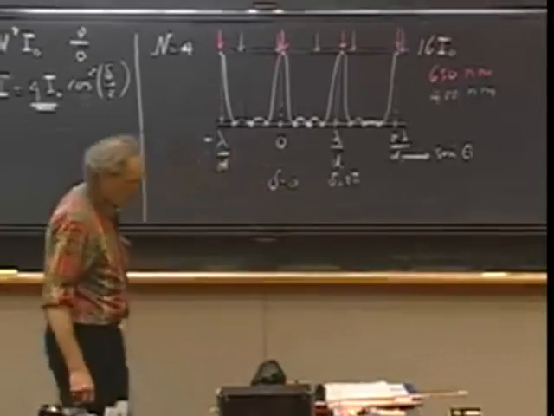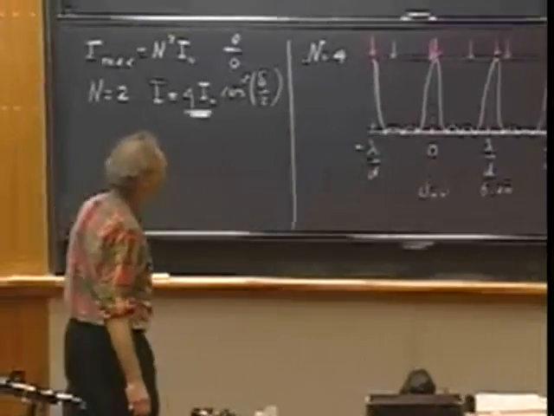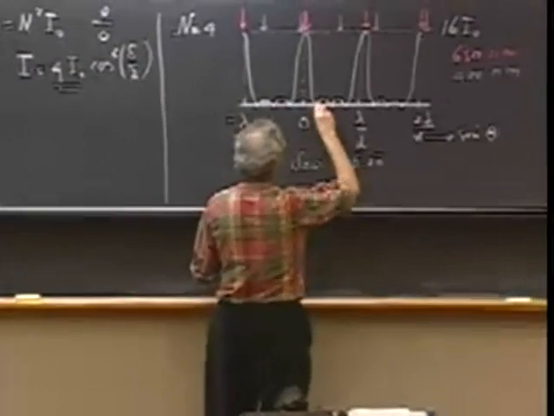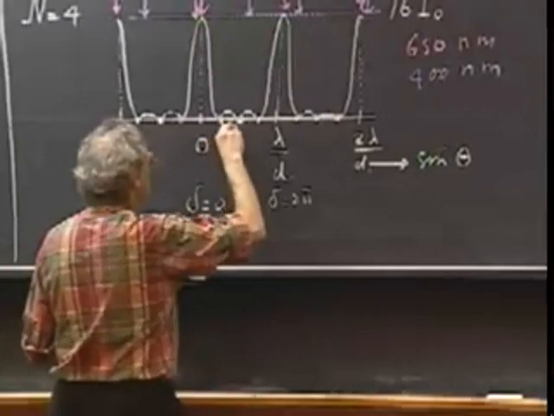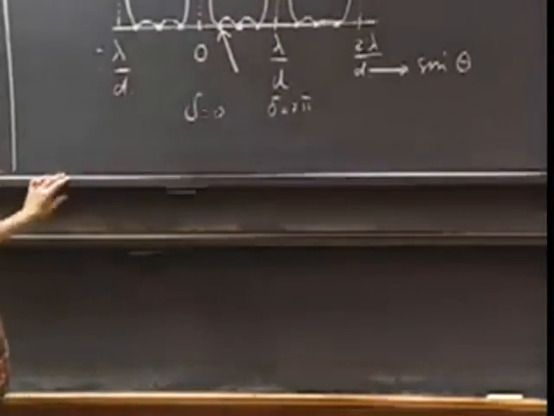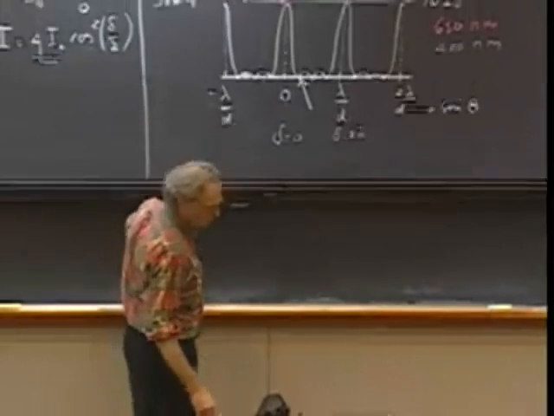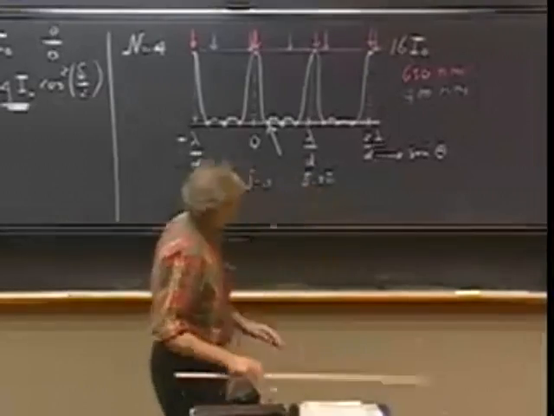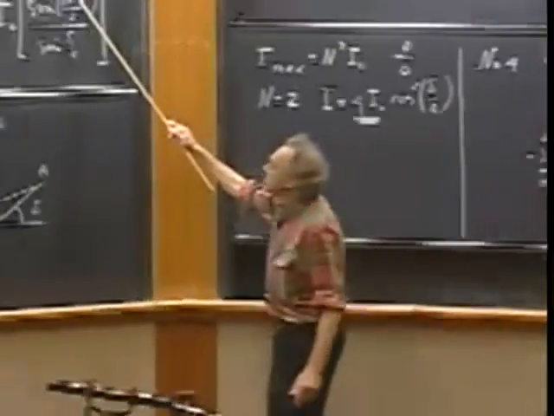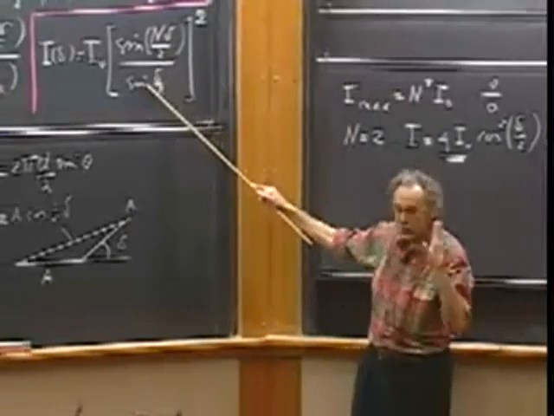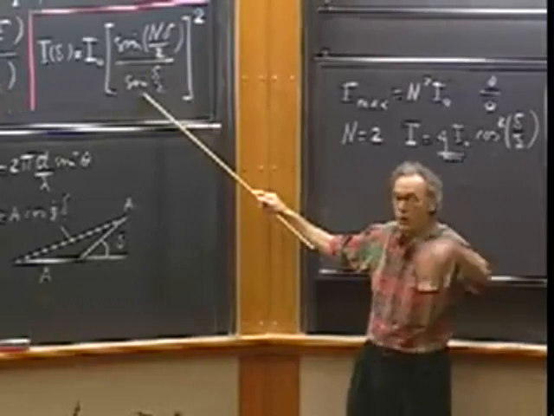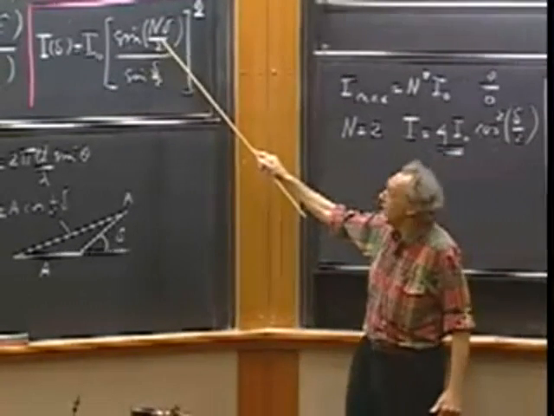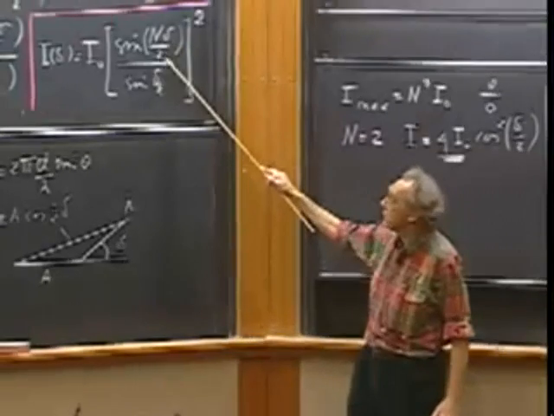Let's now address the issue of the n-1 zeros. I first want to calculate what the location is here where you have your first 0. Complete 0. Well, you would have your first 0 when the upstairs is 0, but the downstairs is not 0. Because if they're both 0, you are at what we call a prime maximum. So what is the first time that this one becomes 0 when the downstairs is not 0?